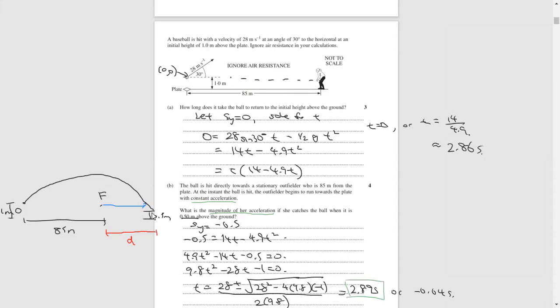Now, of course, the range, how far it's going to cross, is then going to be u cos theta, ux basically, times the time. So that is going to be 28 cosine theta, which is 30, times your 2.89 seconds.